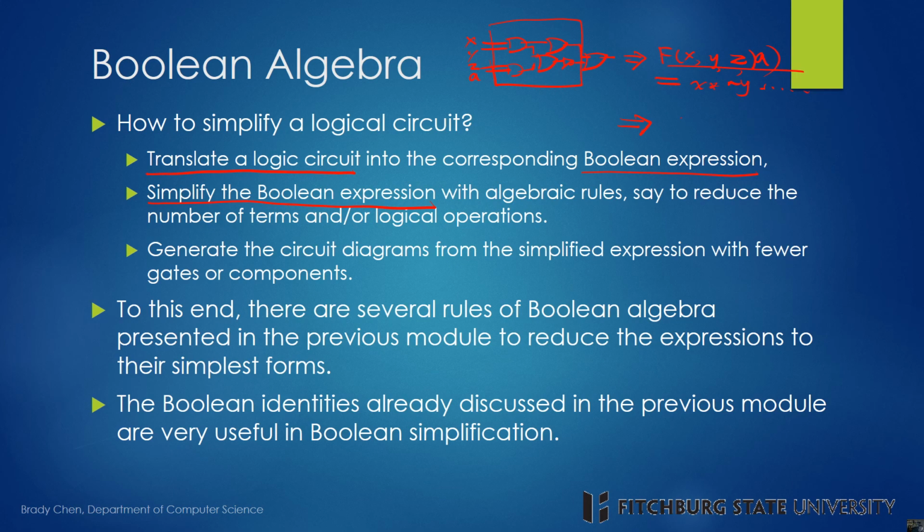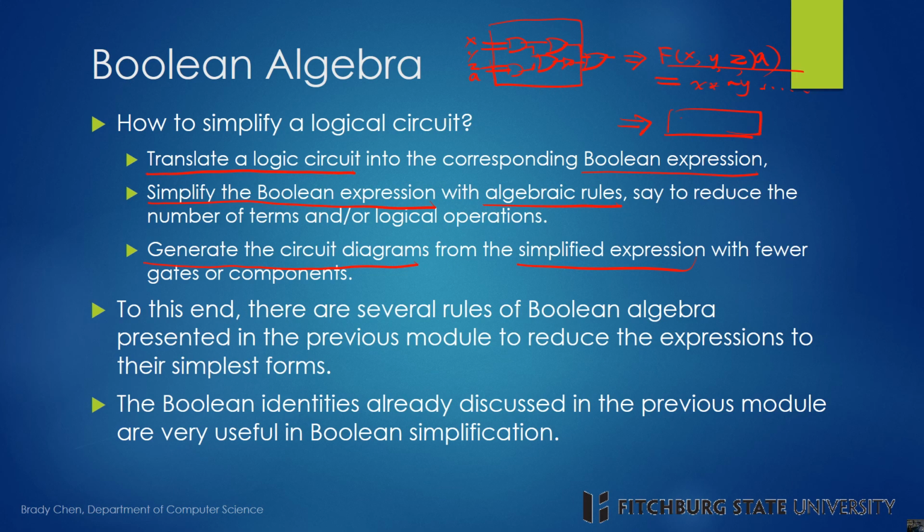So how can we simplify this? We can simplify the Boolean expression with algebraic rules, like all these algebraic identities. Then we regenerate the circuit diagram with the new expression. So we generate the circuit diagram from the simplified expression with fewer gates or components.